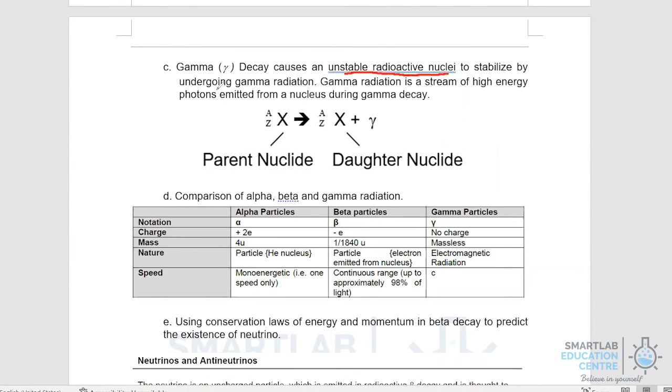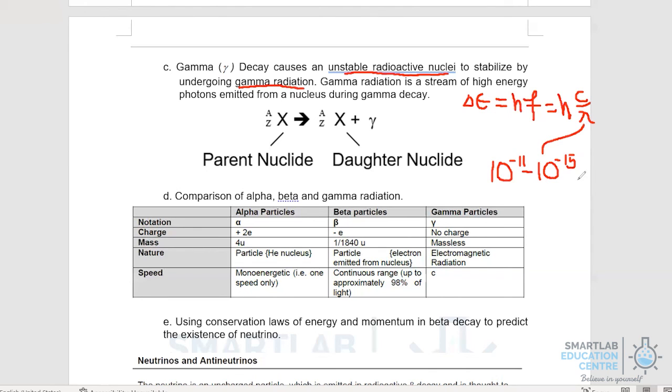Gamma decay. During gamma decay, the unstable radioactive nuclide, which is of a higher energy level, stabilizes itself and hence its energy level drops. In the process of the decrease in its energy level, gamma radiation is emitted, governed by the decrease in energy being equal to hf, which is actually equal to hc over lambda.